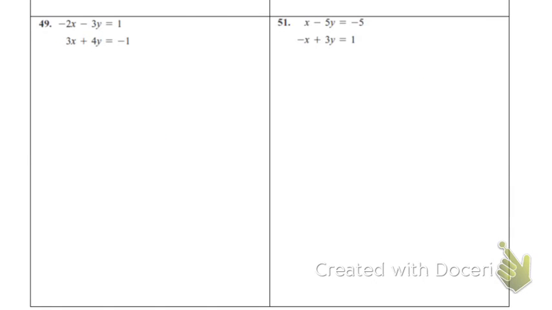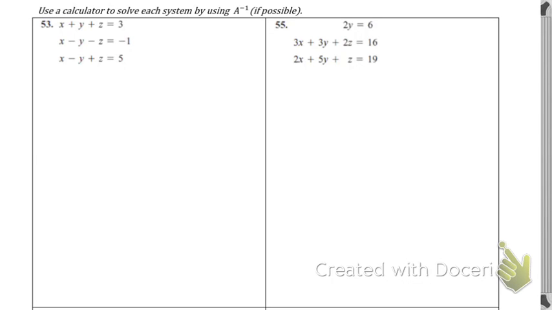And what ones do we have? Let's go ahead and just look at 53 really quick. It says use a calculator to solve using that A inverse if possible. If I ask this on the test, what I'm actually asking you to do is set it up first.